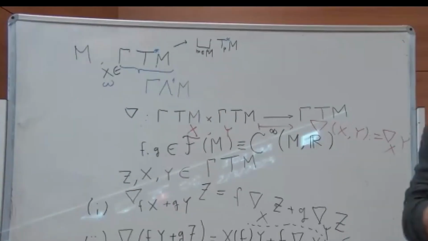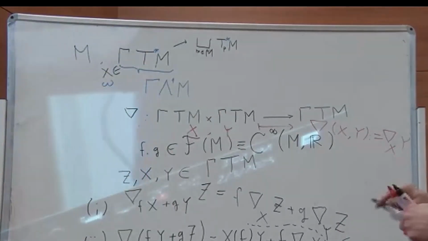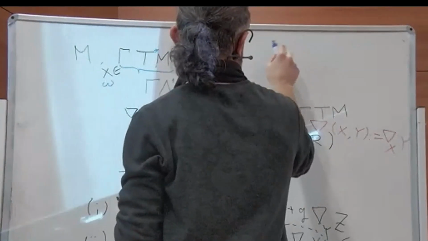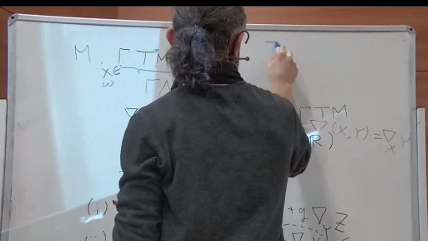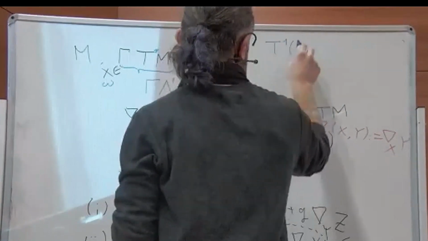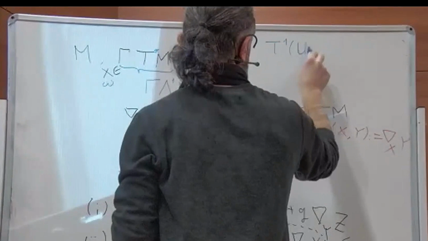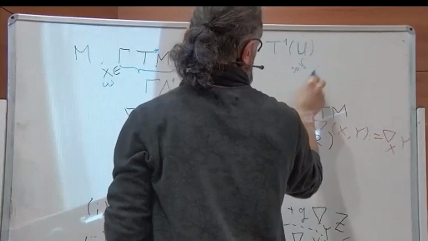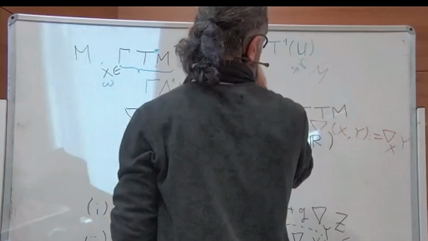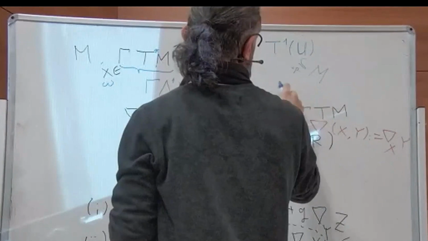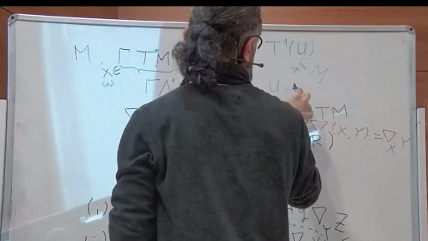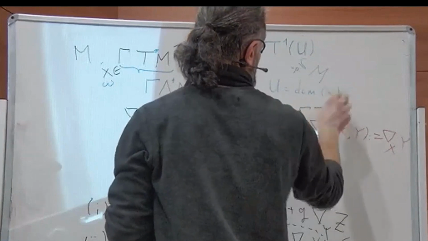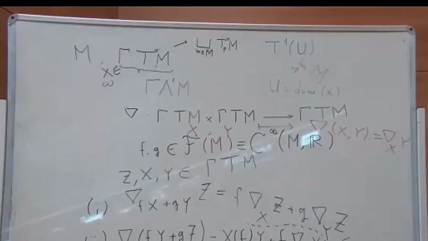Locally, I can say that this is an open set of the manifold, and this open set is the domain of the chart.